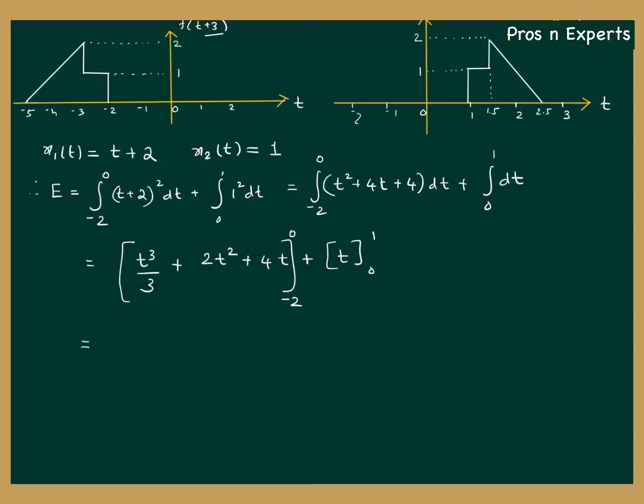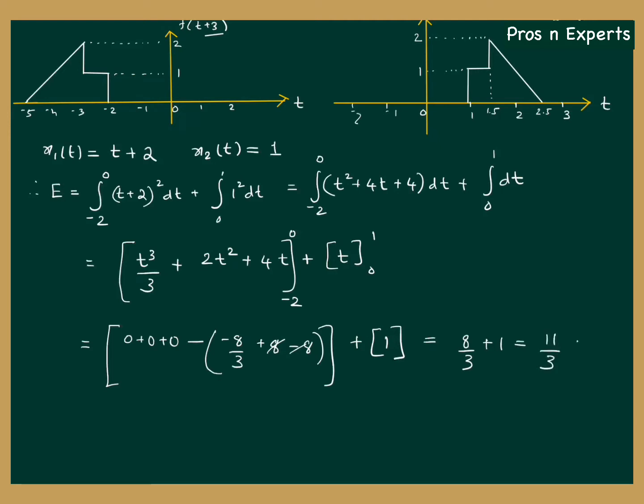Now we have to put the limits. 0 plus 0 plus 0 minus of minus 2 cube by 3 is minus 8 by 3, minus 2 square into 2 is plus 8, 4 into minus 2 is minus 8. Plus, while we put the limits in this equation, you will get 1. So this can be written as plus 8 by 3 and these two cancel, plus 1, which will give you 11 by 3 joules.